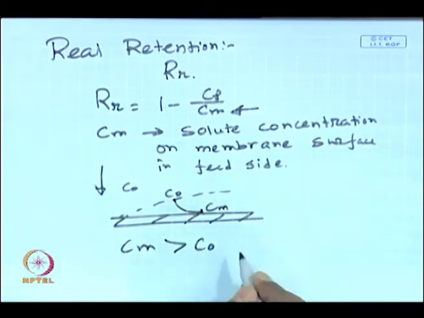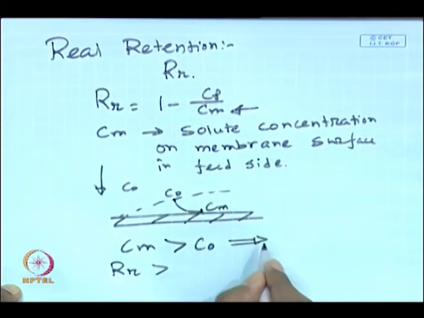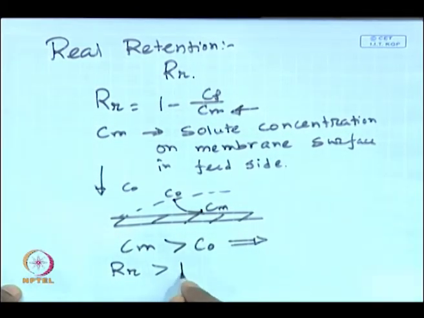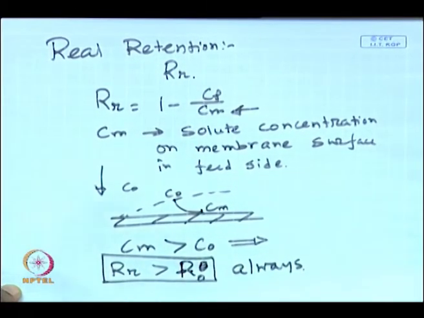Okay. So therefore, using this relationship and the definitions of the real retention and observed retention, you can identify that real retention is always greater than observed retention. Now, why then are these two definitions used?